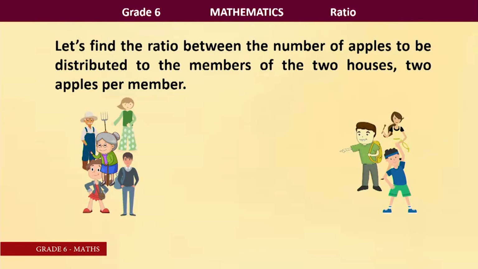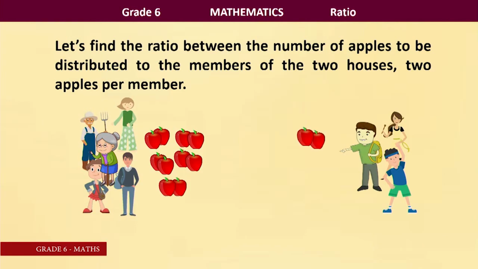Let us find the ratio between the number of apples to be distributed to the members of the two houses, 2 apples per member. These 2 are for mother, these 2 for grandmother, for grandfather, for father and for daughter. Then the total is 10.